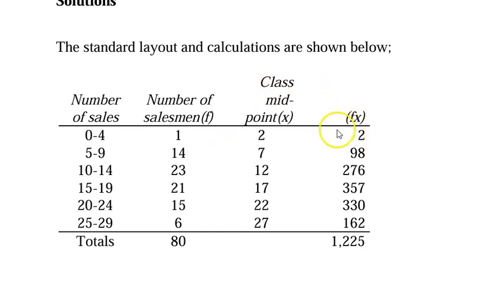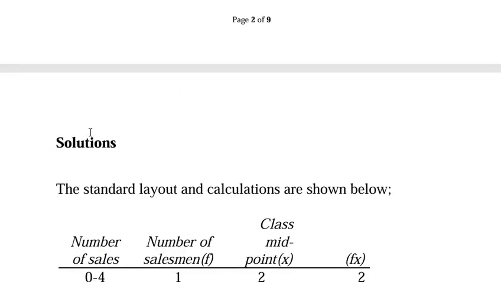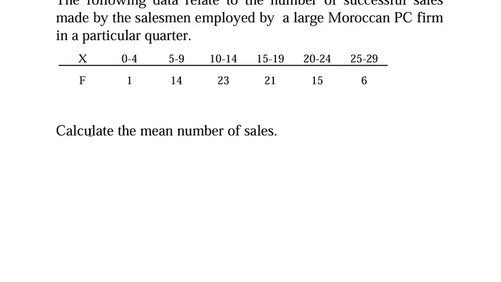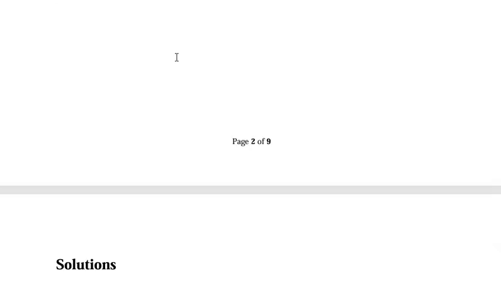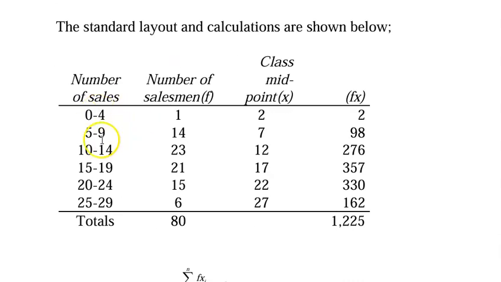The x values given here will be written as they are, 0 to 4, 5 to 9, and the frequencies we put the way we were given, then we add them. That will be our n. When we add the frequencies, the total will be our n.